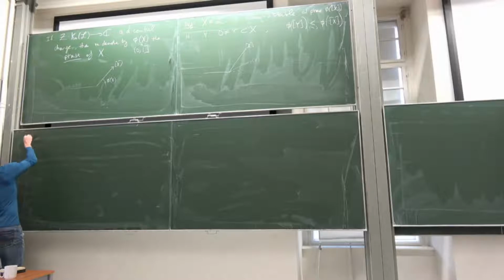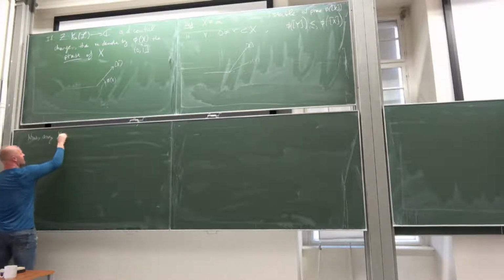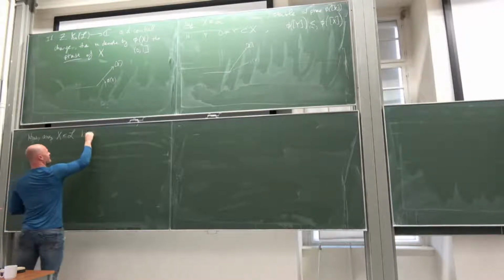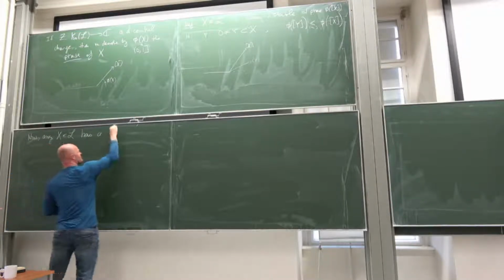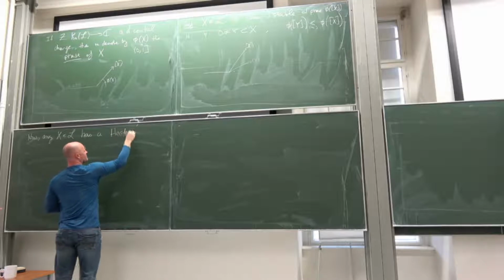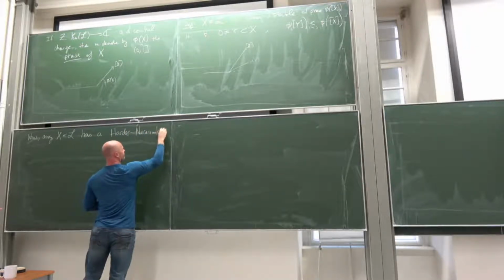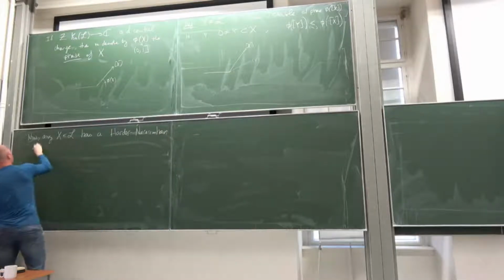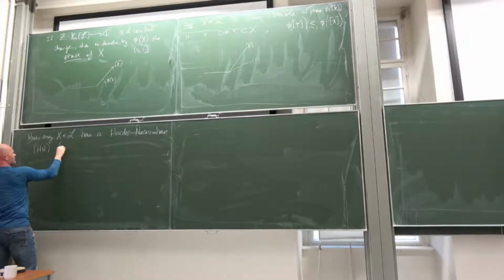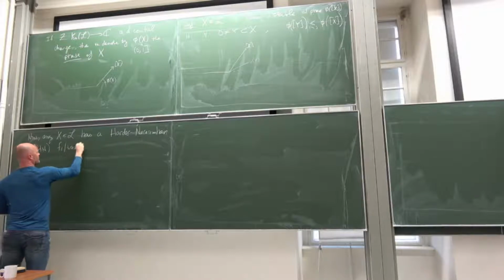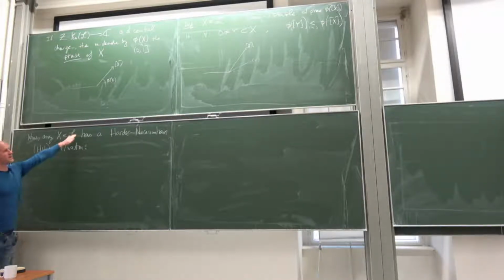Now any object in the abelian category has what's known as a Harder-Narasimhan filtration. This is the upshot of having fixed the central charge and being able to talk about semi-stable objects.